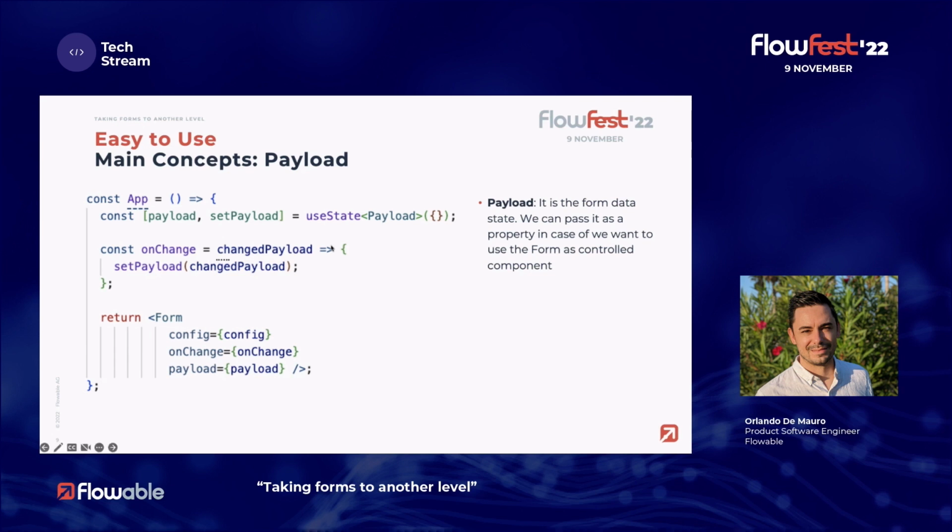And here we can see an example of a controlled version of our form engine. So on each change, we are going to set back the payload with a new value, and it is the value that we are going to send to the form component. So basically, it is the app that is controlling the state of the form engine.